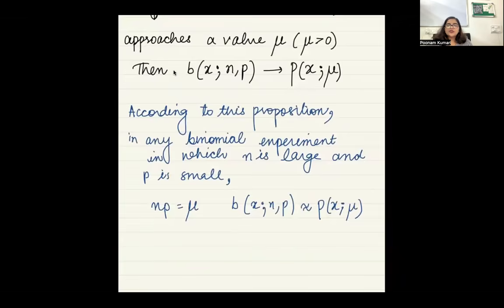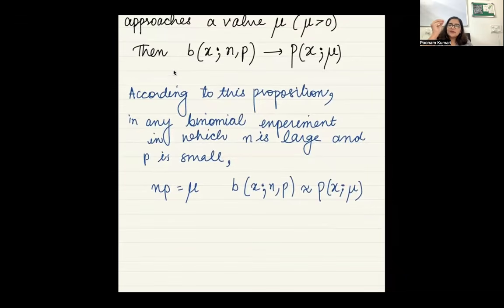Okay. And as a rule of thumb, what is the meaning of n is large? n could be 100, n could be 1000. There should be some limit to it. So we have a rule of thumb. It's not a hard and fast rule, but it's basically the number after which we've seen this convergence to be a good enough approximation.